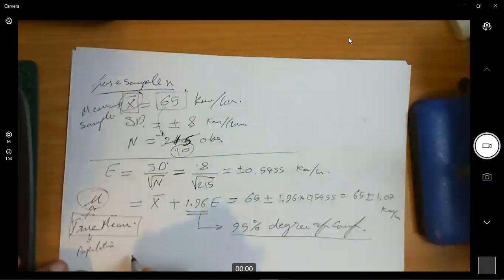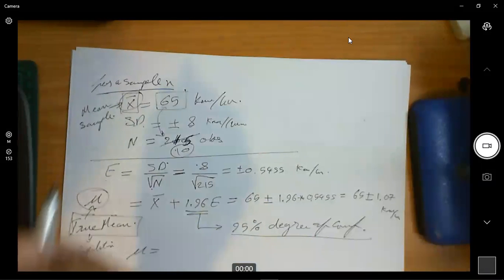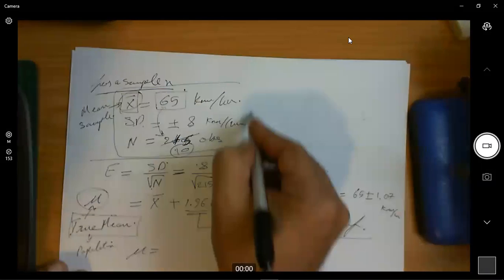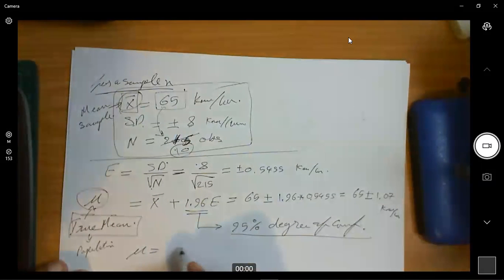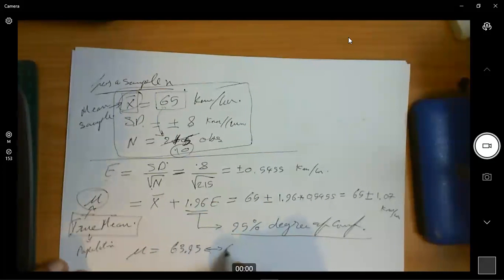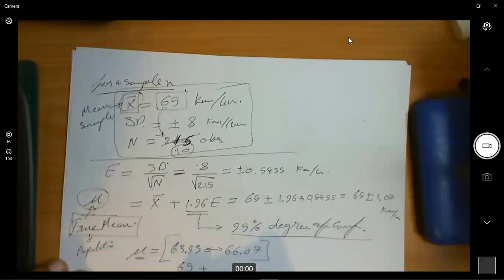This means that the true mean for the population based on this study is 63.93 to 66.07. That's the range for the true mean, or it's 65 plus an error.